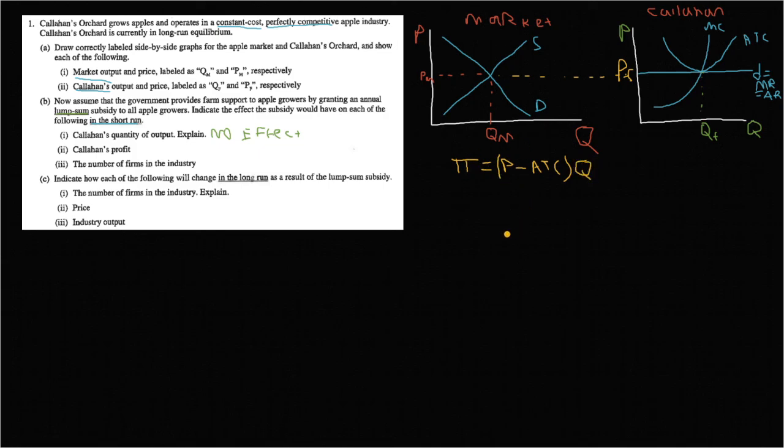And so because the average total cost curve will decrease, or there's going to be a change in the average total cost because the total cost is changing, right? Total cost is going to be reduced.